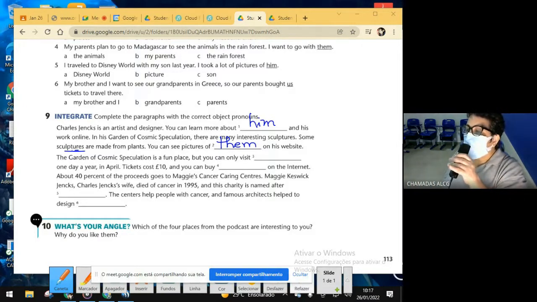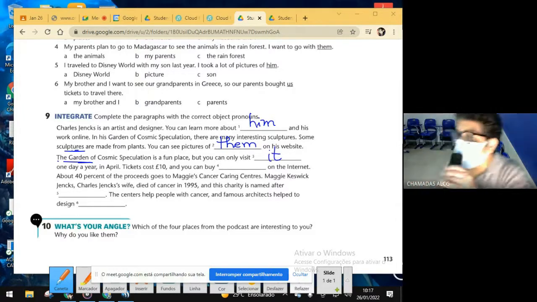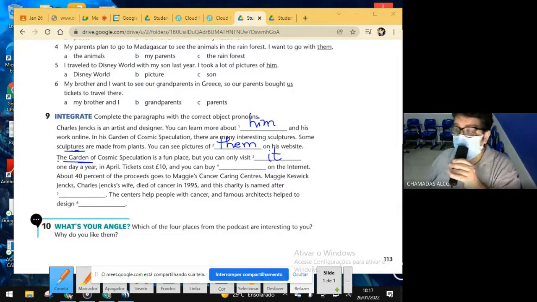He's talking about sculptures. The Garden of Cosmic Speculation is a fun place, but you can only visit it. What is the object pronoun for that, referring to the garden? It. You can only visit it one day a year in April.